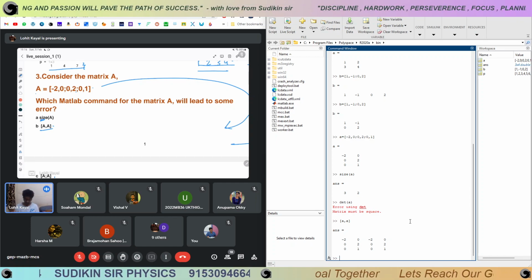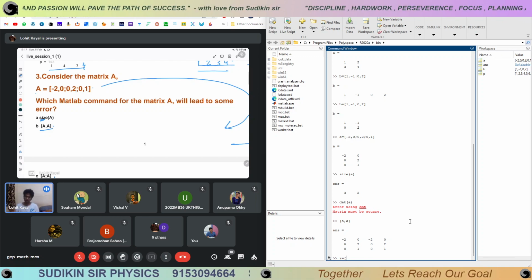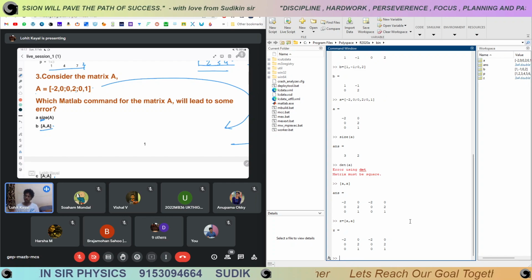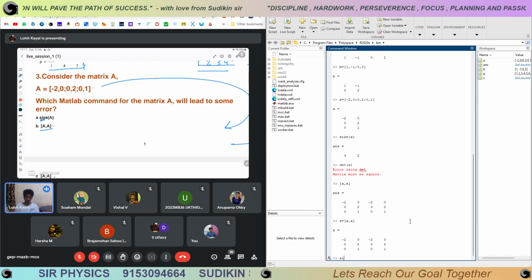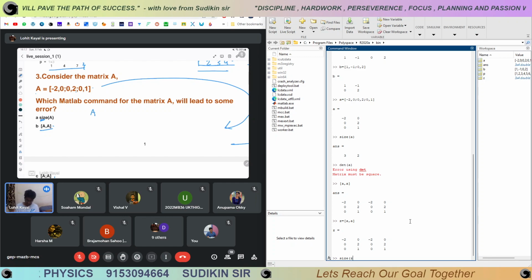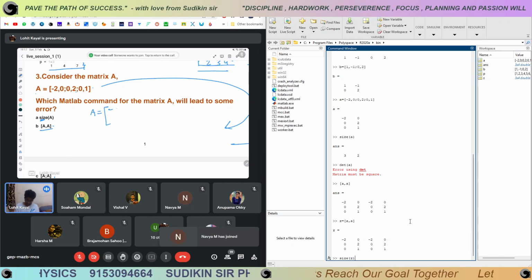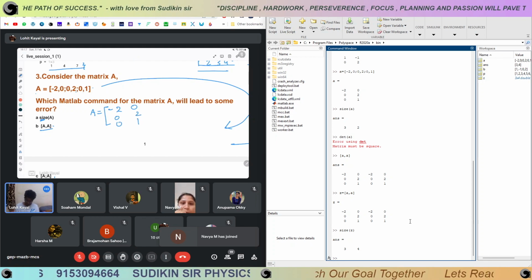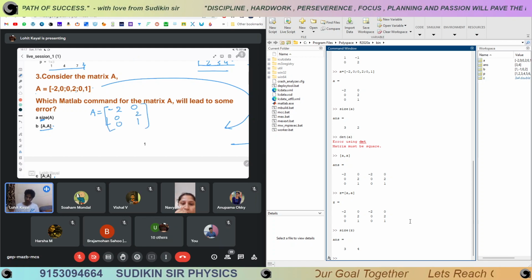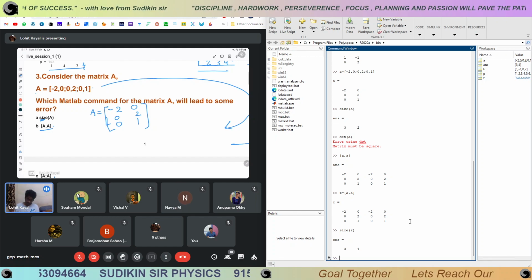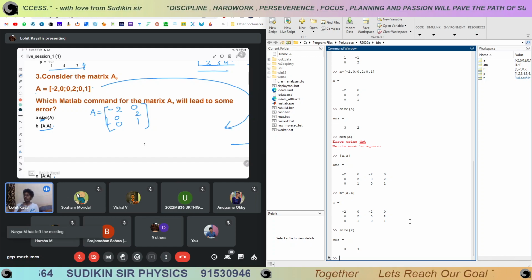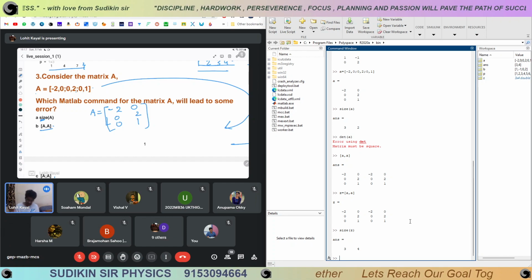But here there is a comma, and A is a whole matrix. A is this matrix. So how to interpret this? First let me write it: minus 2, 0, 0, 2, and 0, 1. Now to understand, just consider A as a whole element, and the next element will appear at the next column. So just let me write it.